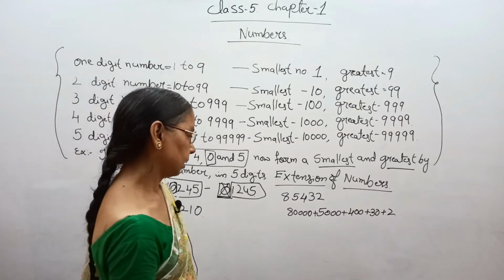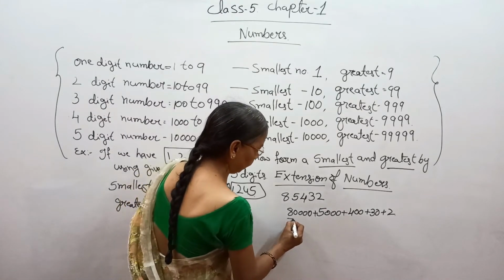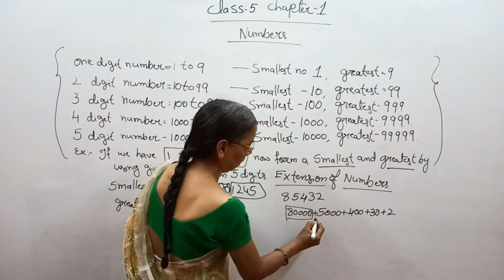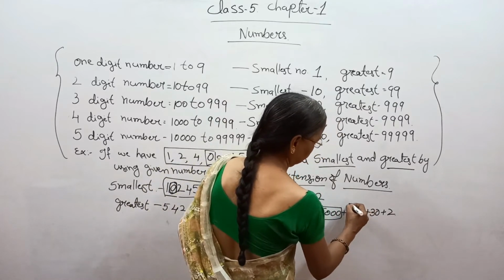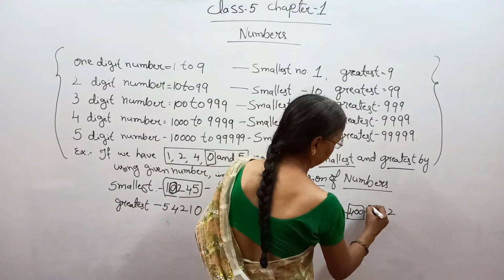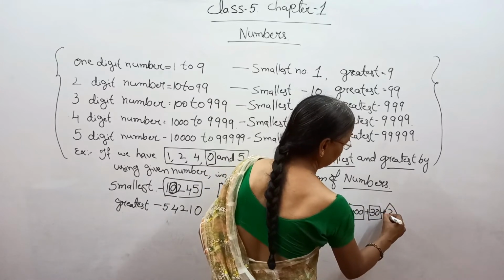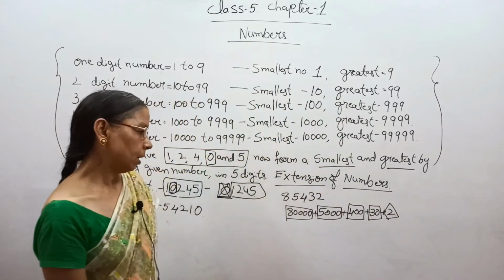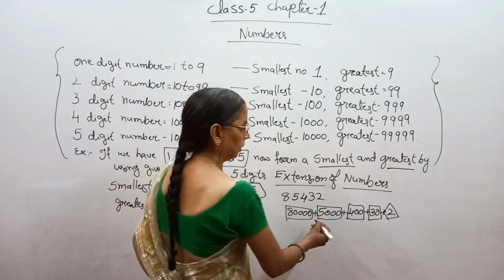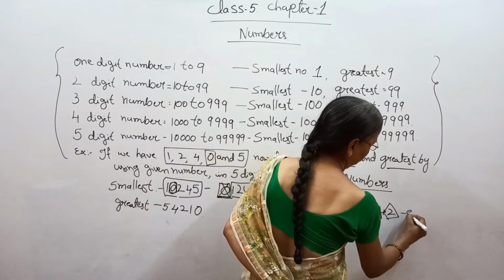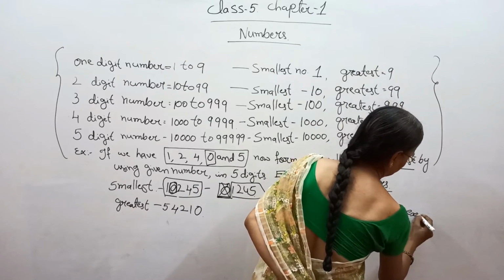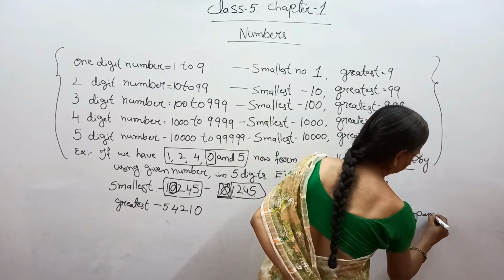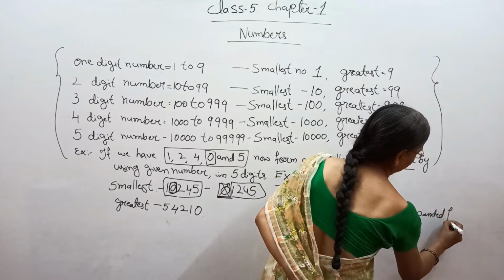In this, it is 80,000, and this one is 5,000, and it is 400. This is 30 and it is 2. This one is called extended form or expanded form.